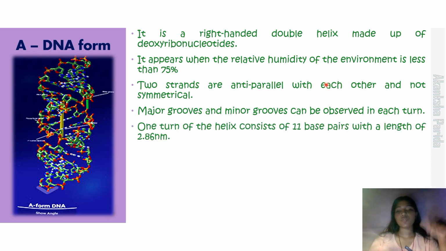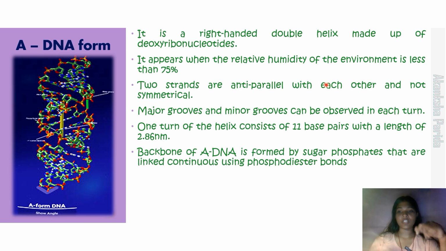Major grooves and minor grooves can be observed in each turn. One turn of the helix consists of 11 base pairs with a length of 2.86 nanometers. In the case of B-DNA, it is 10 base pairs in one turn.